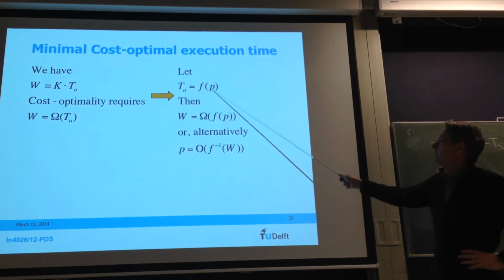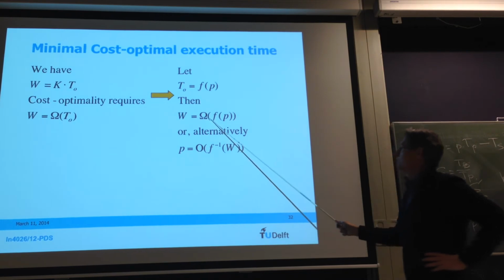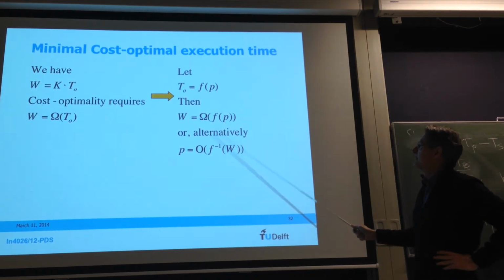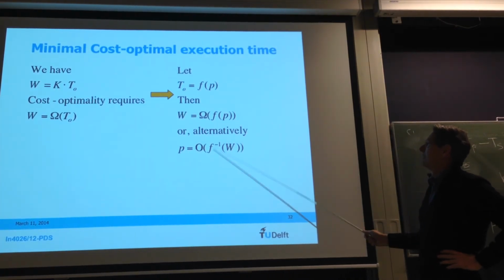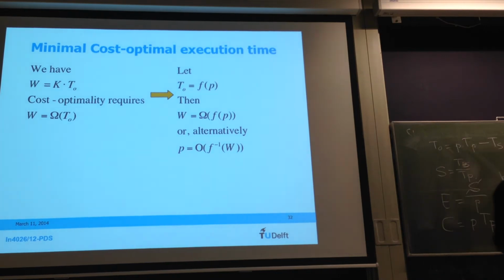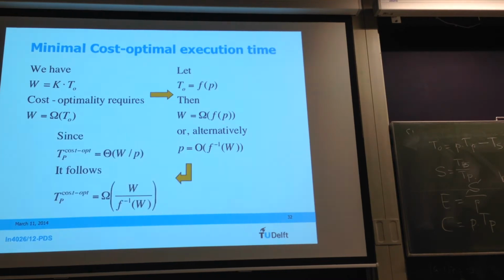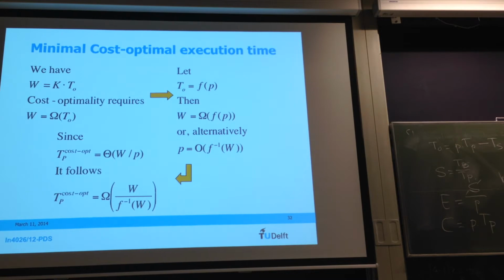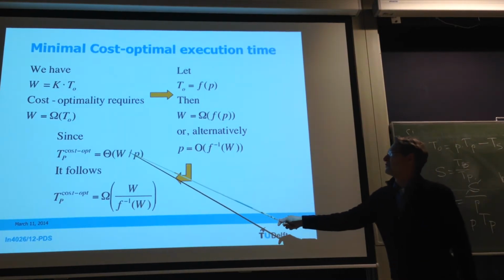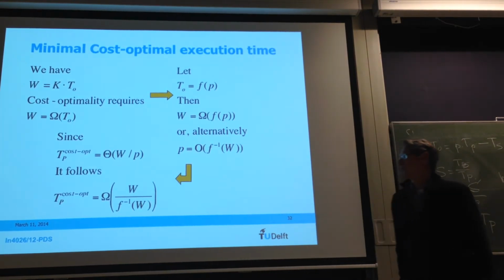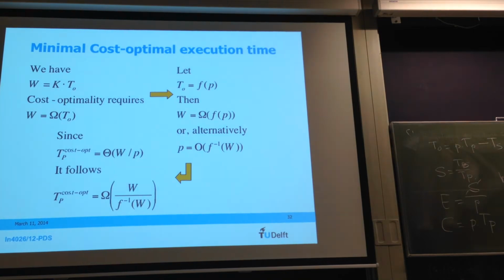Then substituting this one yields this one, and if we solve p out of it, then it's upper bounded by the inverse of this function with the workload as parameter. And if we substitute this p in the parallel execution time, we would get this formula. Well, that sounds very abstract, right?